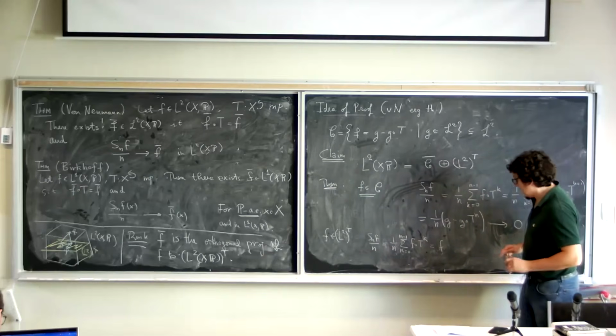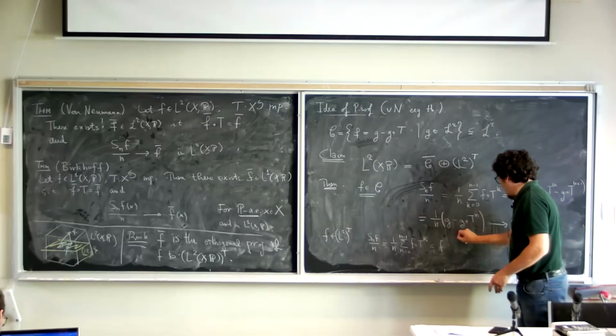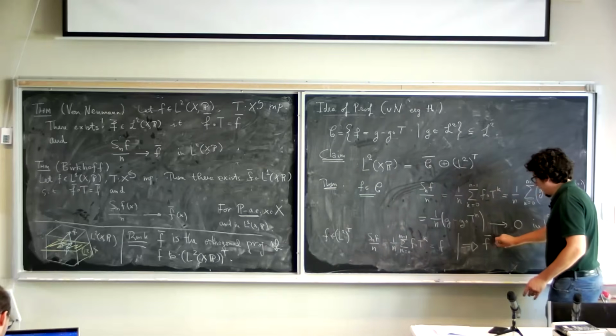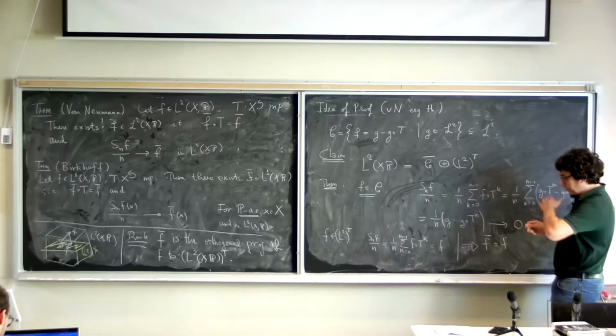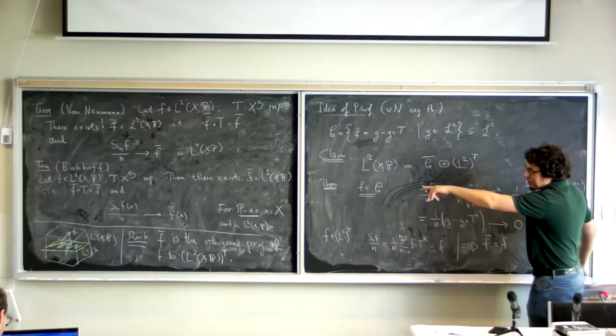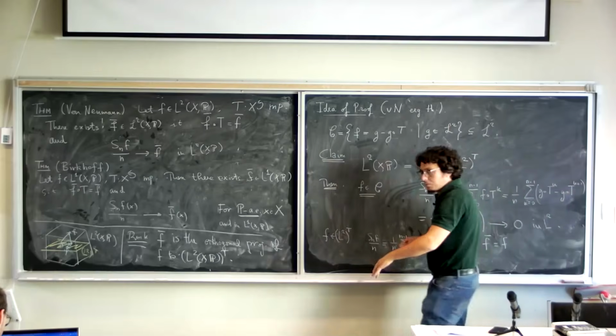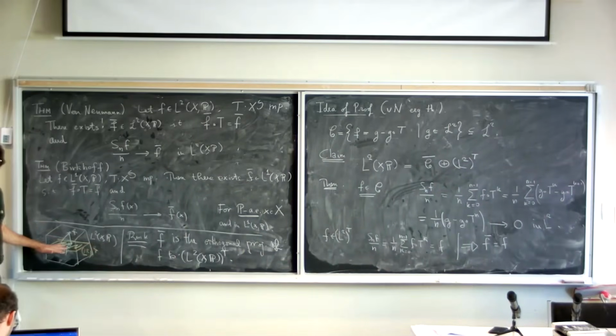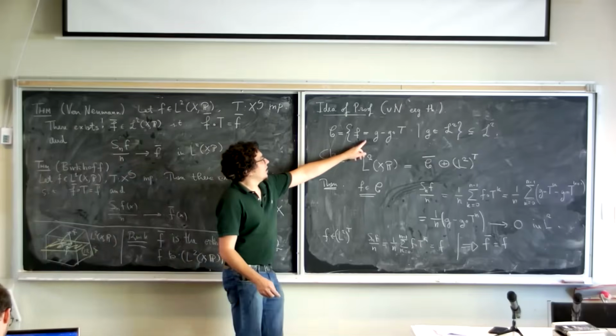So the upshot is that in this case, f bar equals f. The projection that you're trying to construct is already the identity on this invariant subspace. And if you take the orthogonal complement of the invariant functions, these functions are almost of this form.